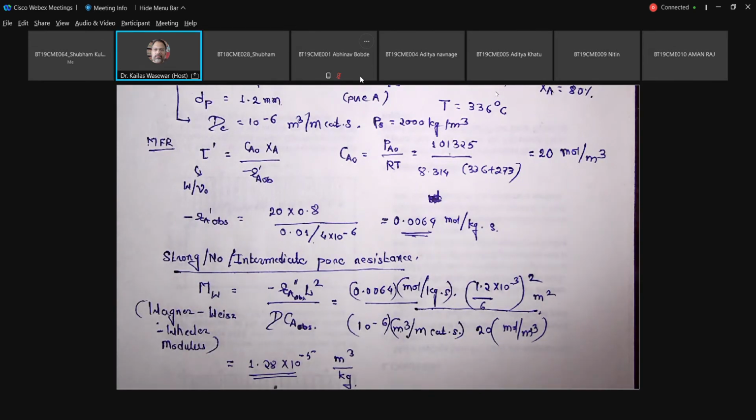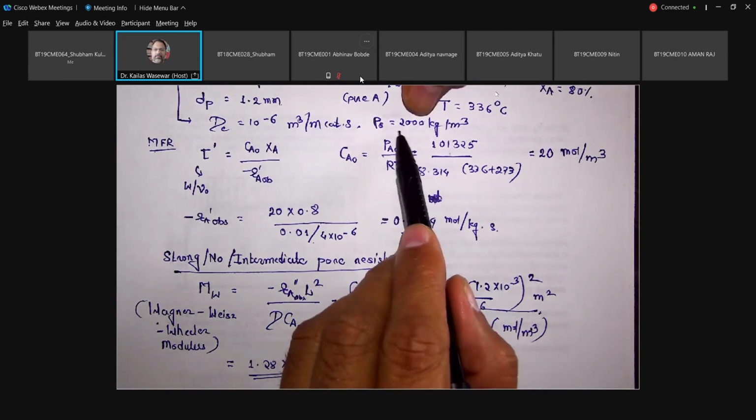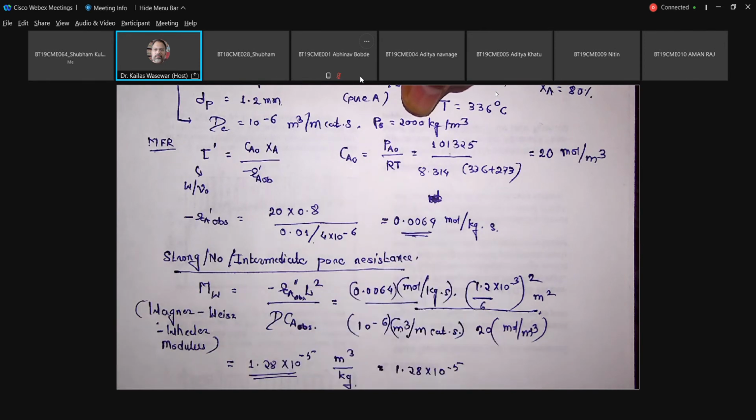This is per kg of the catalyst, so we'll use the density of the catalyst, that is 2000. If you multiply with the 2000, it will become dimensionless.